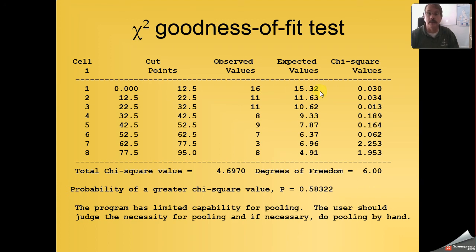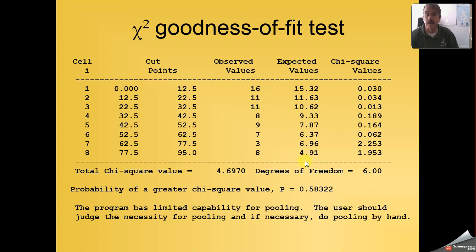The model predicted that there should be 15.3 detections in that bin. So we can calculate the chi-square value for that particular bin by taking this difference, squaring that difference, and dividing it by this expected value, turning out to have a very small chi-square value because the discrepancy there is small. Discrepancy here is small. Discrepancy here is small.